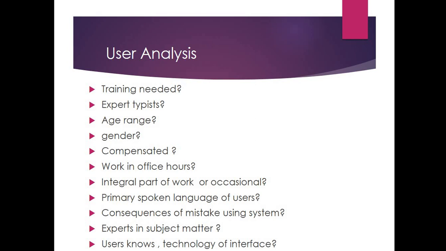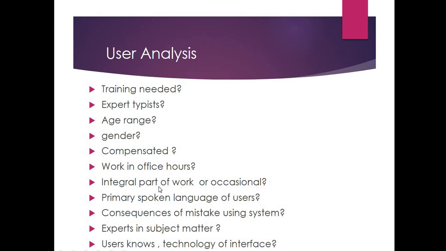Then the users of this software interface, are they getting any specific compensation in terms of salary separately or not, that has to be identified. And the next one is whether the users will be using the interface during office hours, during working time or not. That factor has to be identified.